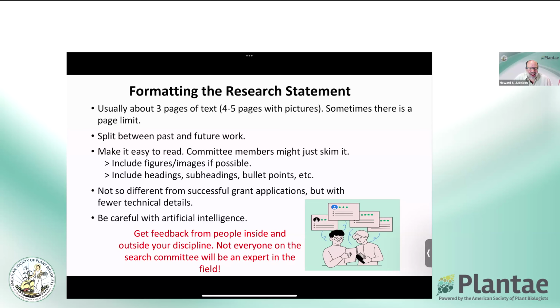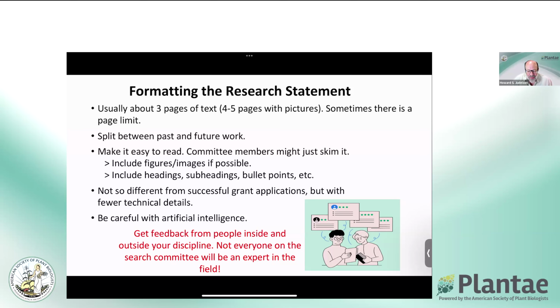Okay, I've seen research statements where it was clearly, I'll say, almost composed by artificial intelligence. Okay, I'm not saying you shouldn't use artificial intelligence to point out problems in your grammar, but be limited.